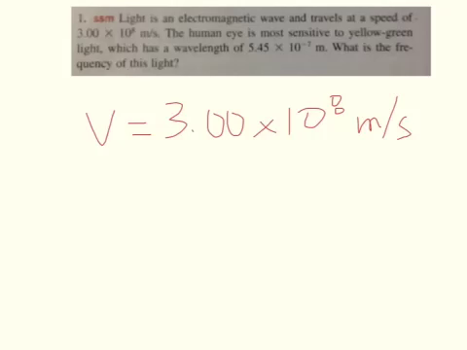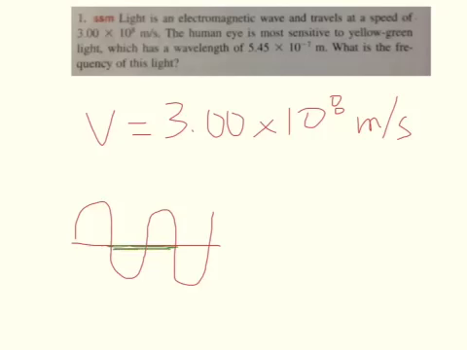The next part tells us about yellow-green light, which has a wavelength of 5.45 times 10 to the negative 7th meters. So what it's saying is that when you look at a wave, like this one here, the wavelength is going to be this green portion.